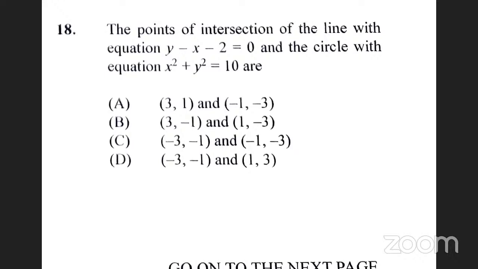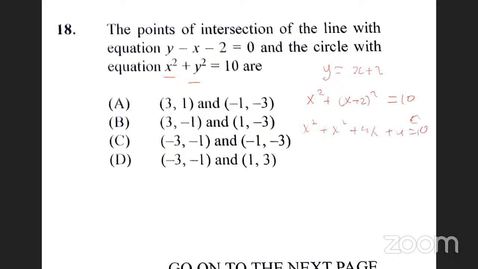So let's check it out. y is equal to x plus 2, right? I make y the subject and plug it in here. You'll get x squared plus (x plus 2) squared is equal to 10. So x squared plus x squared plus 4x plus 4 is equal to 10.